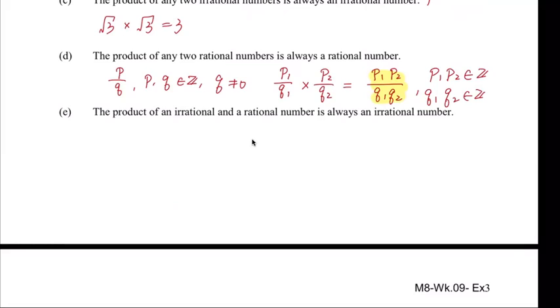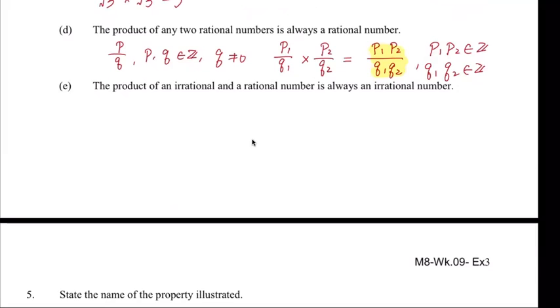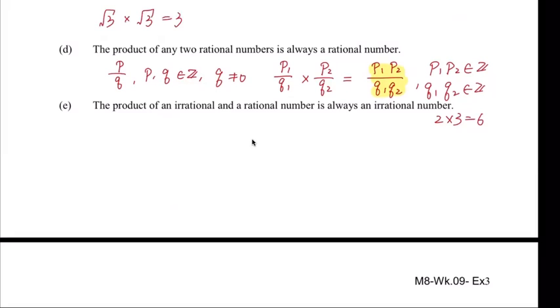But like I said, this is a very simple proof. You don't need to know this, but it's good to know. Here, the question is asking you to give an example, so you can just give any example. For example, 2 times 3 is 6. 2 is a rational number, 3 is a rational number, and their product, which is 6, is also a rational number.